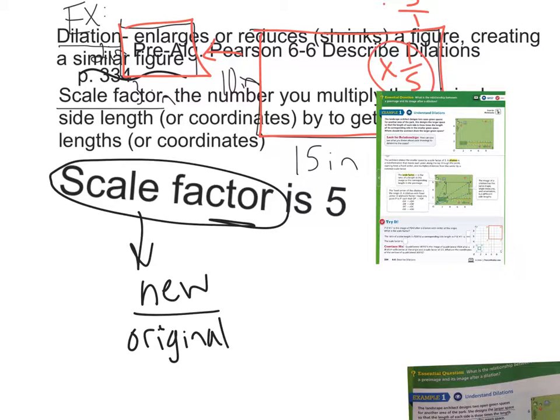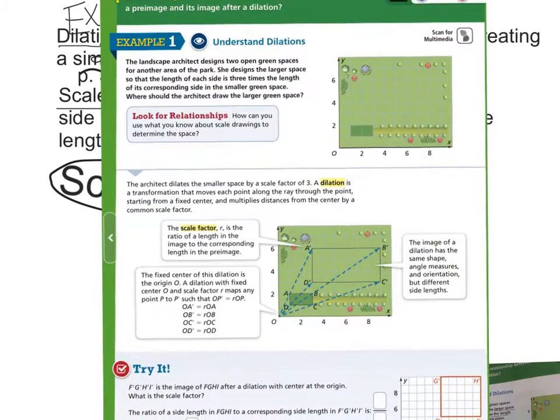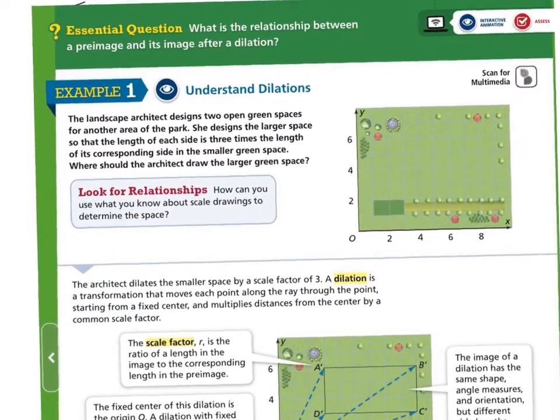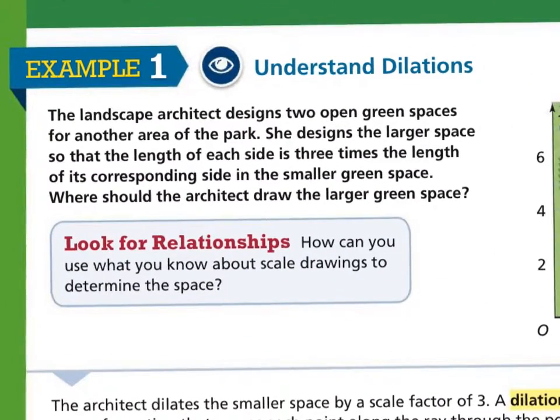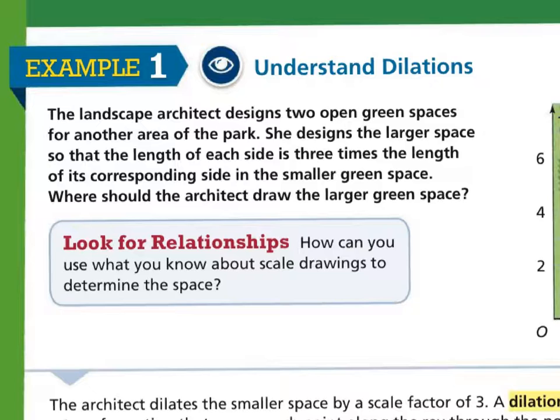Okay, so if you look at example 1, a landscape architect designs 2 open green spaces. She designs the larger space so the length of each side is 3 times the length of its corresponding side in the smaller green space.